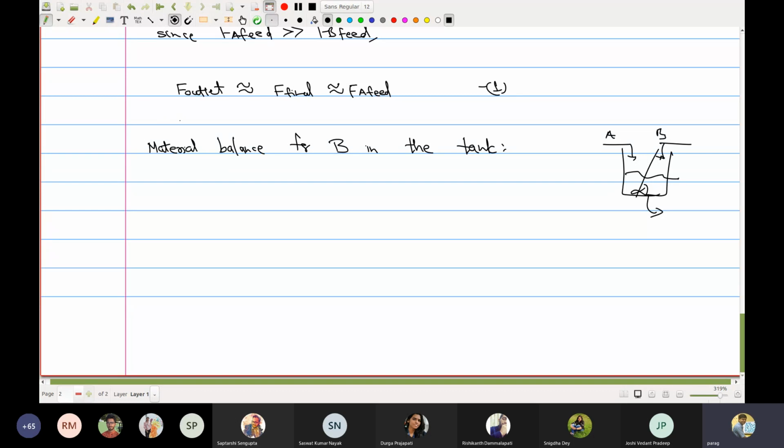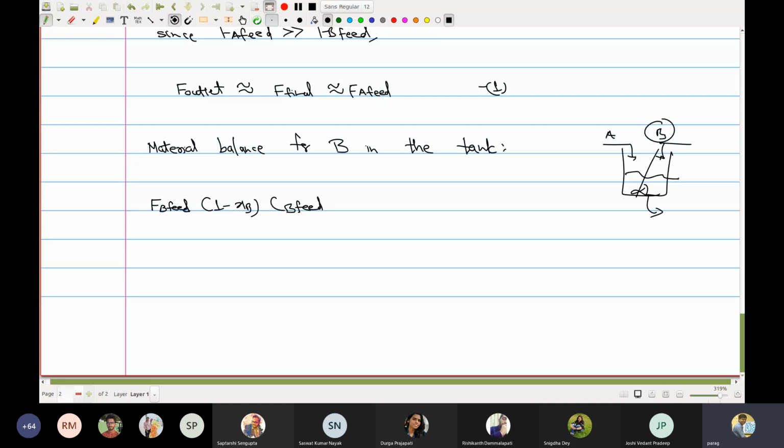The B which is coming from this side will be equal to the volumetric flow rate of B in the feed, right? But this volumetric flow rate is 1 minus XB times the inlet flow rate, multiplied by CB feed.